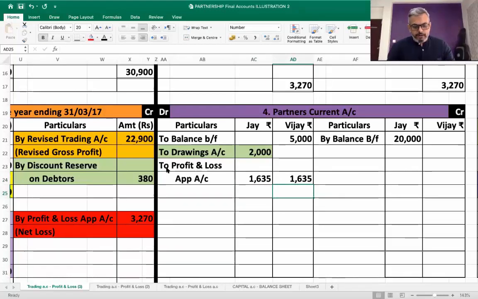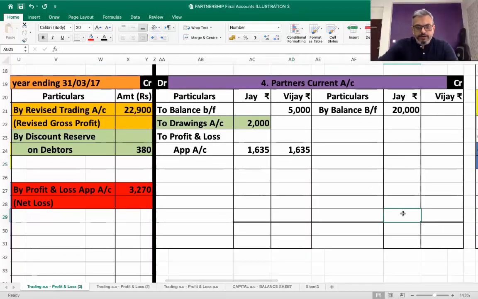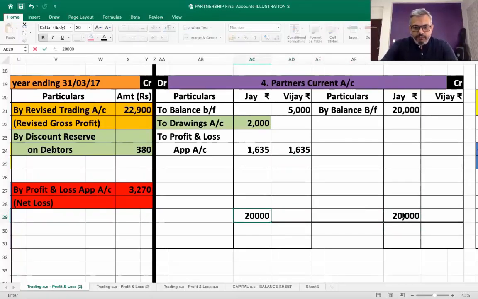Now what we need to do is we balance one by one. So first let's balance Jai. Now Jai 20,000 on the credit side. So same we write over here, 20,000.